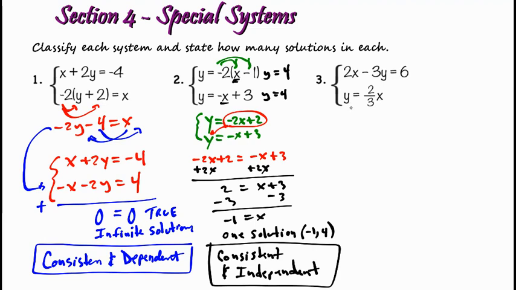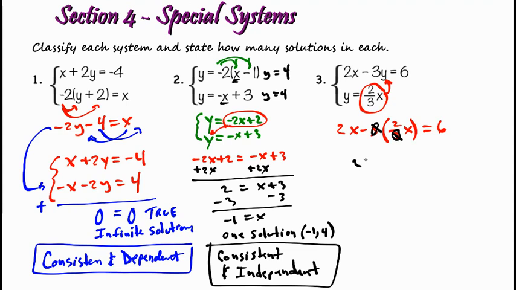For the third example, I see that y is equal to 2/3 x. I'm going to use substitution to plug that into the y of the first equation. 2x minus 3 parentheses, because I'm doing a substitution, 2/3 x equals 6. When we cross cancel here, 3 and 3 will cancel out.